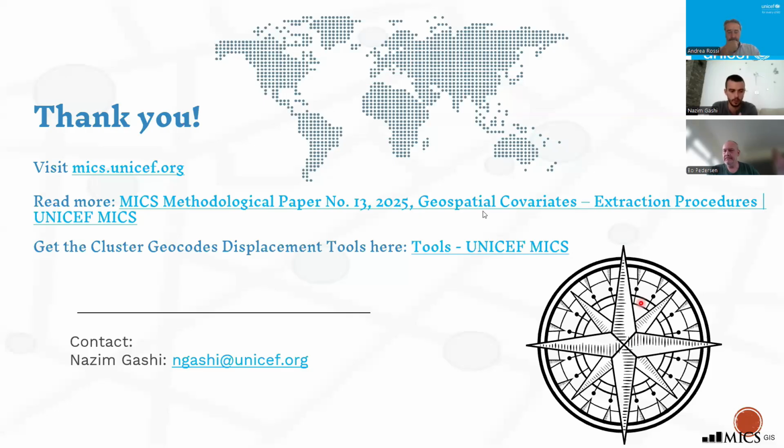That's why we have developed this request form, and people need to request the data there. Then we, as the MICS program, within 3 working days, will approve or reject the request. For the geospatial covariates, all MICS users can download the data directly, and they don't need to request the GPS data to get access to the geospatial covariates.